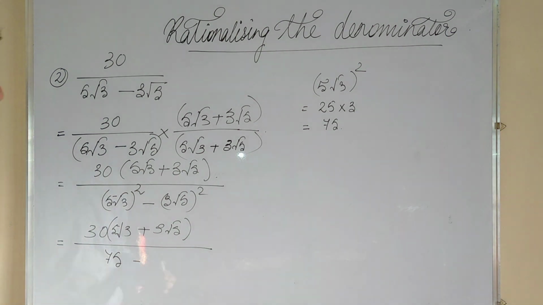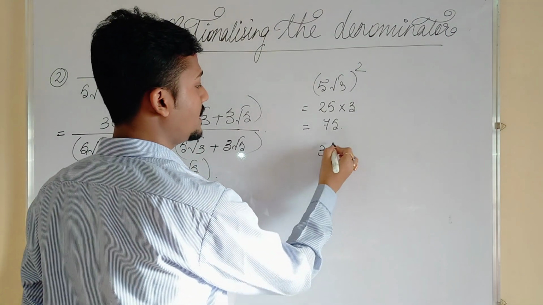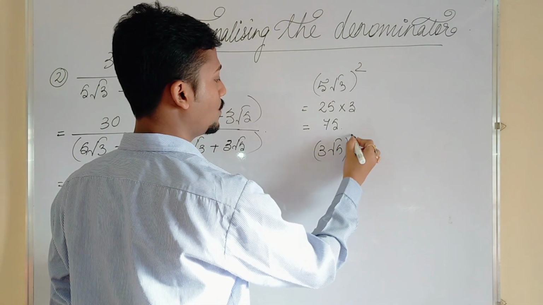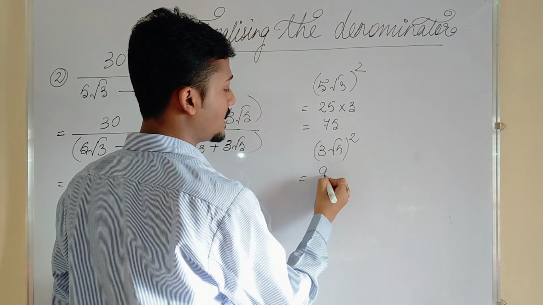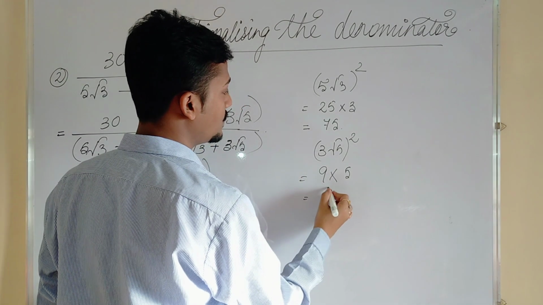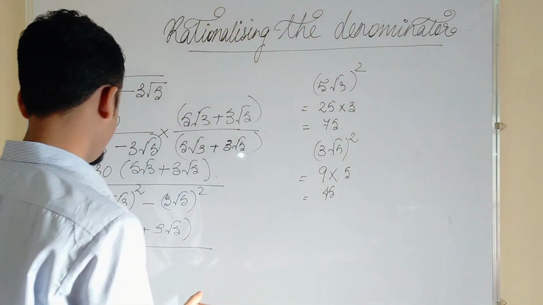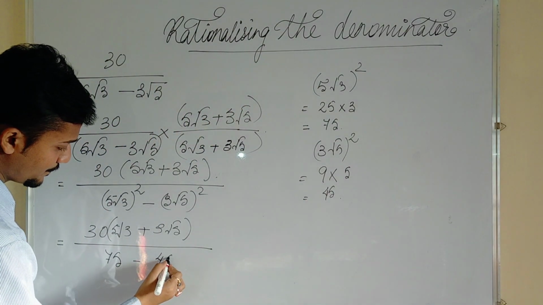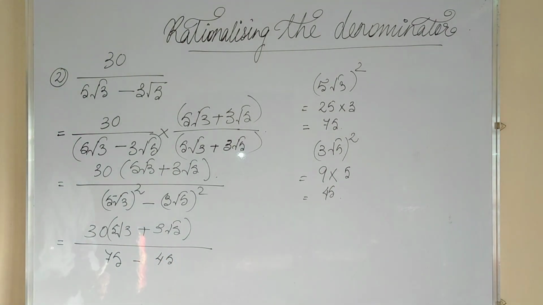Similarly, 3 root 5 whole square is 3 threes are 9 into root 5 into root 5, which is 5, so it is 45. This much we have got.